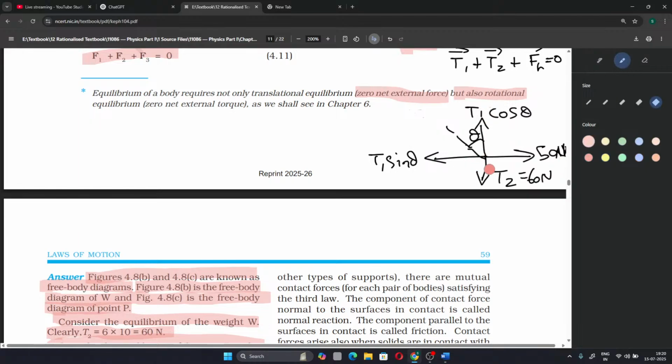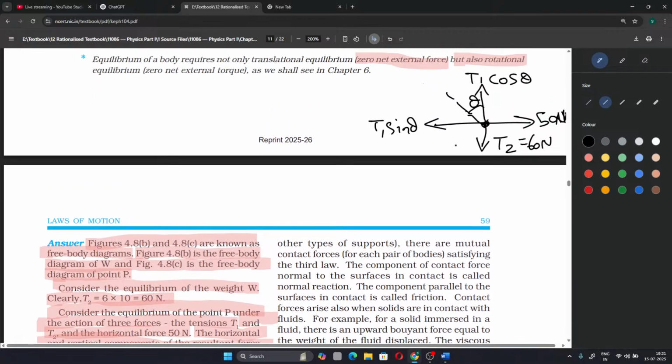For the angle, this is its angle, making the horizontal angle. Okay, fine. From this free body diagram, if the body here is in equilibrium, we can obviously see that T1 cos theta equals 60, whereas T1 sin theta equals 50 Newton.